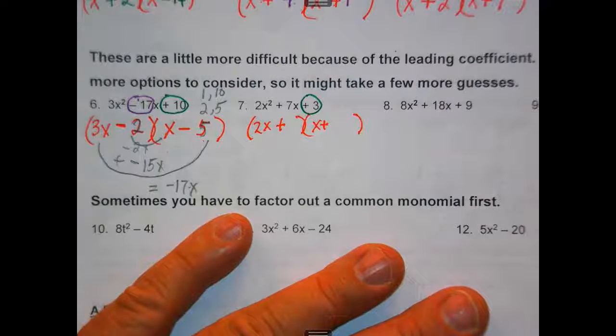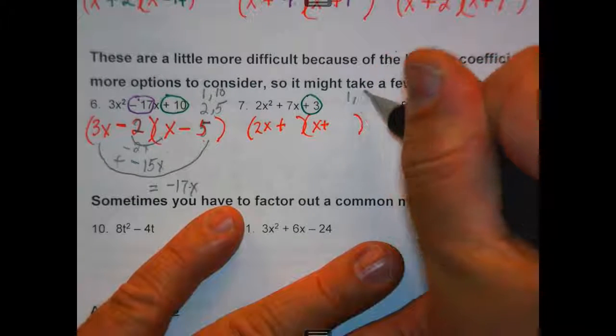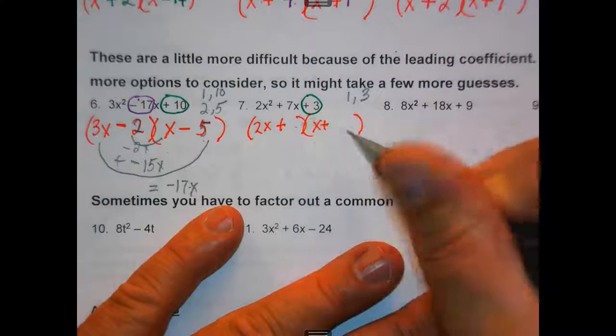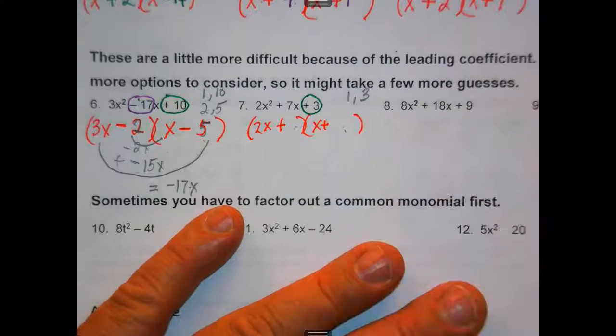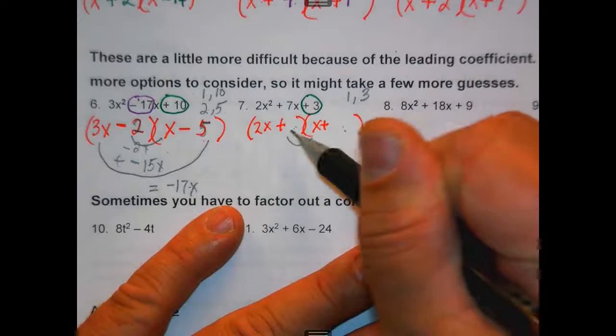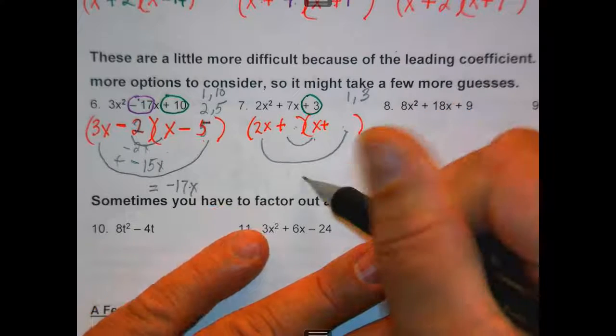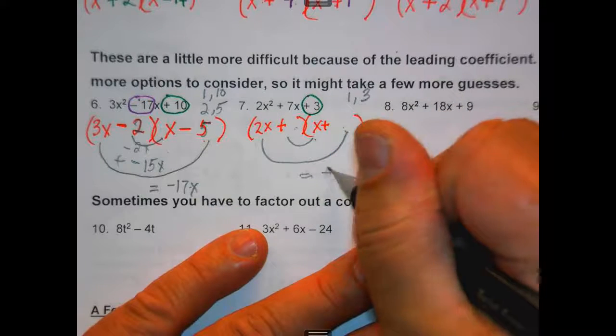The only way I can get 3 is what? 1 times 3. So either the 1 goes there and the 3 goes there, or the 3 goes there and the 1 goes there. They add up to 7. So the inner plus the outer has to equal positive 7x.